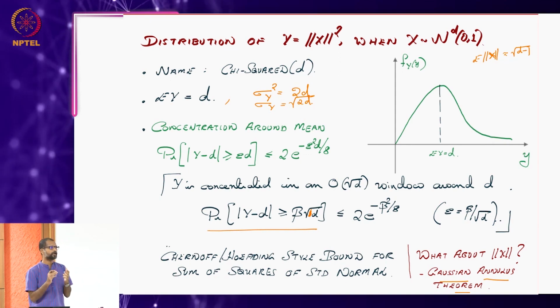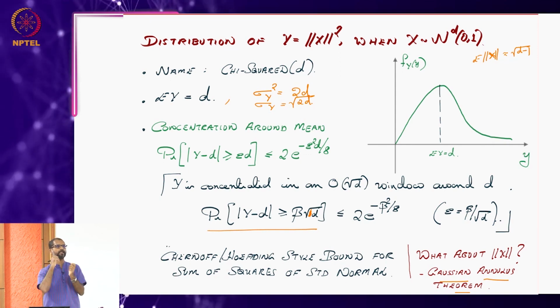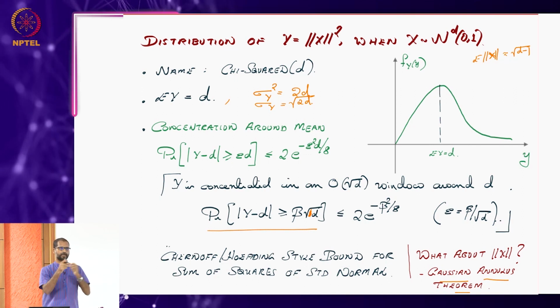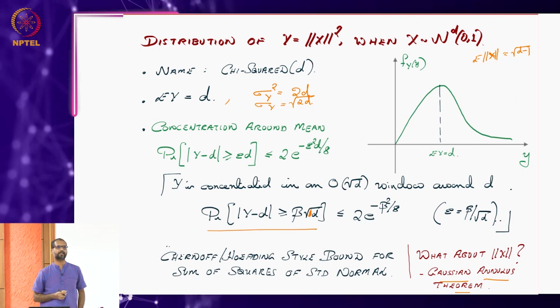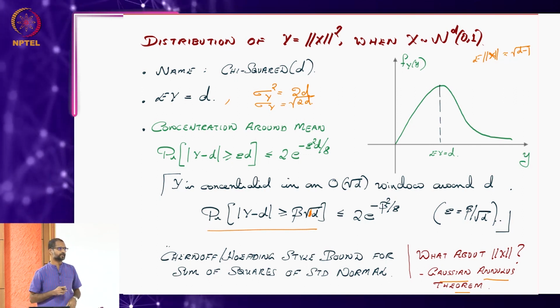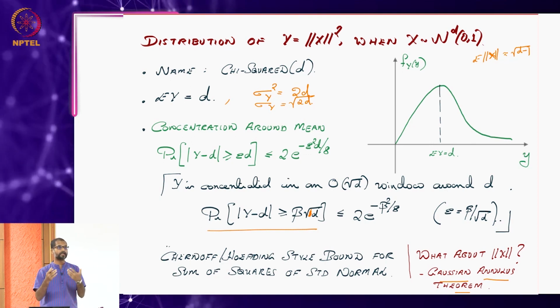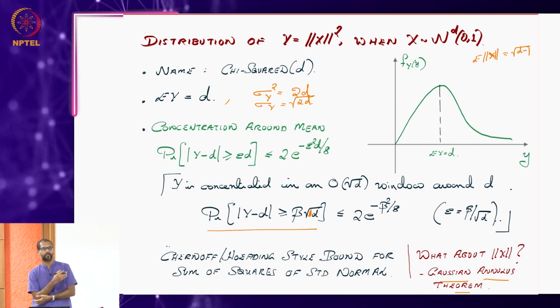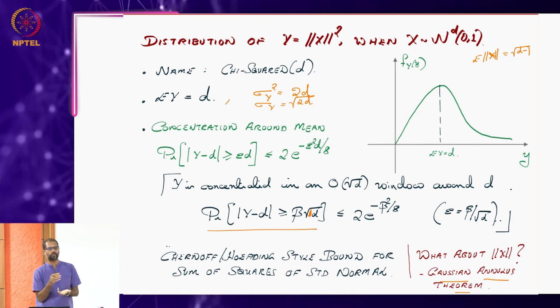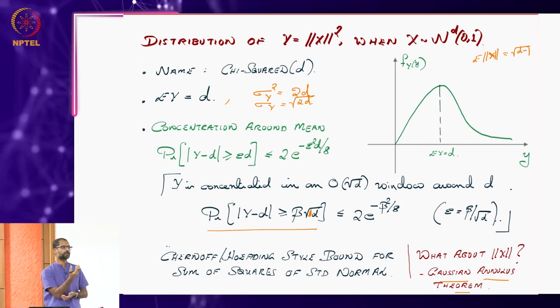So, that is why it is called the Gaussian annulus theorem. Most of the probability of a spherical Gaussian is concentrated on an annulus whose radius from the center is like root of d minus 1, where d here is the dimension. So, for 2 dimensions it will be root of 2 minus 1, that is root 1. It will be around the unit circle.